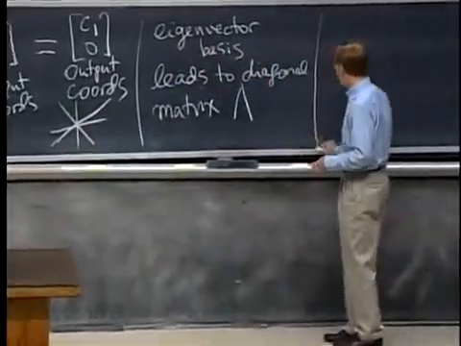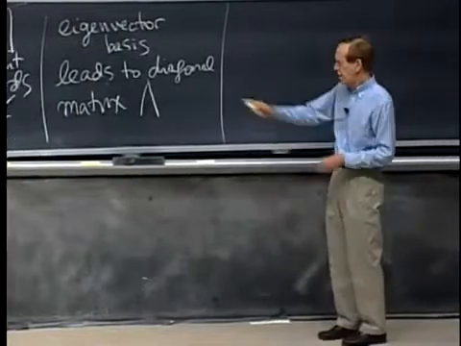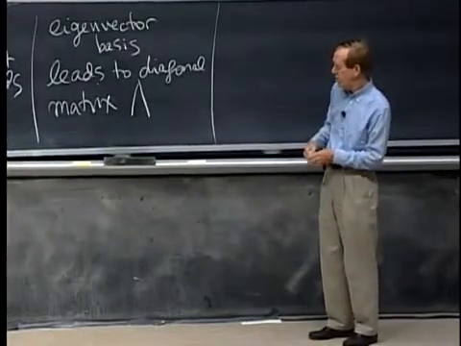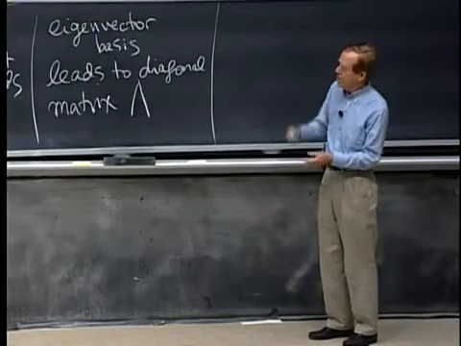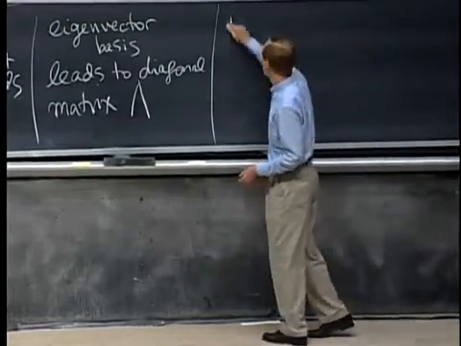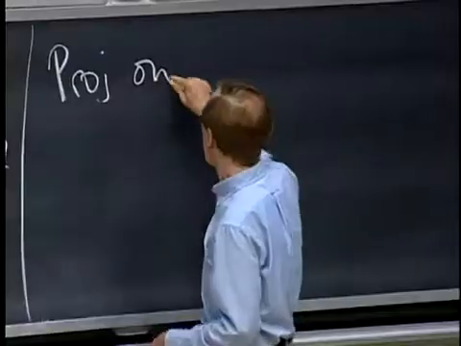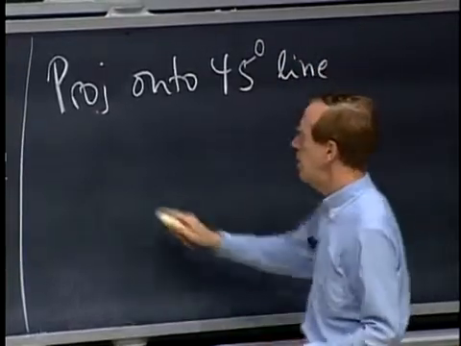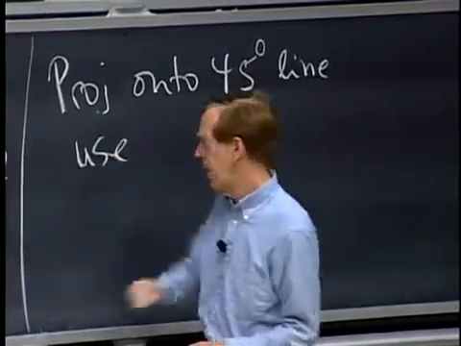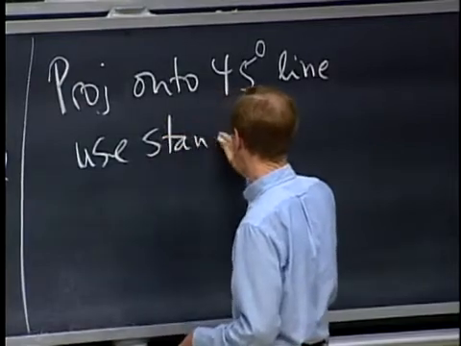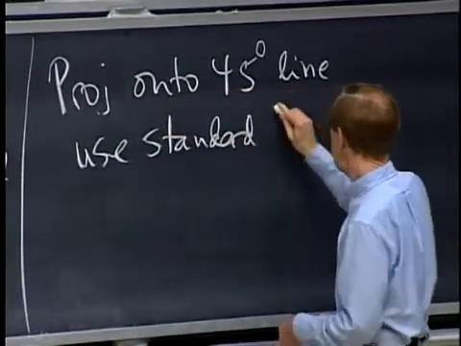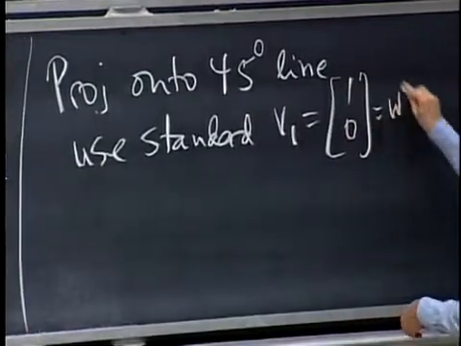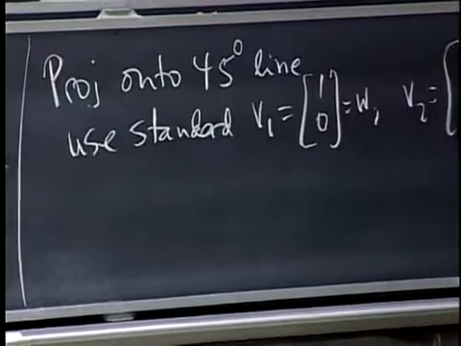So I'll have to tell you now which line we're projecting on. Say the 45-degree line. So say we're projecting onto the 45-degree line, and we use not the eigenvector basis, but the standard basis. The standard basis, V1 is 1, 0, and V2 is 0, 1.